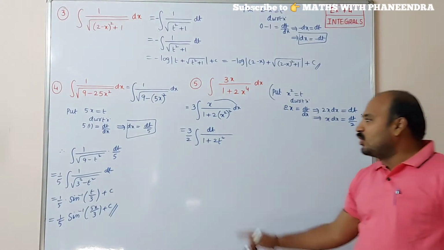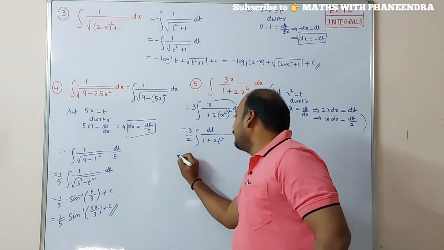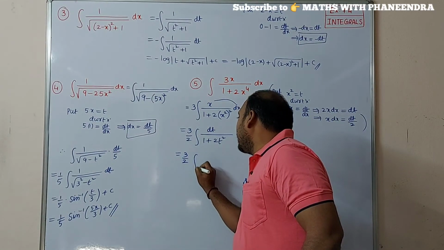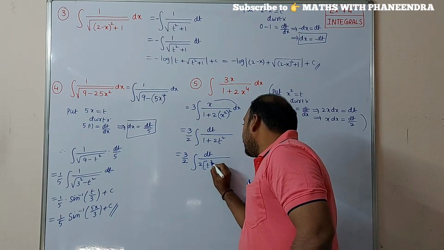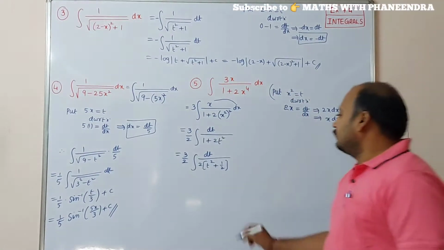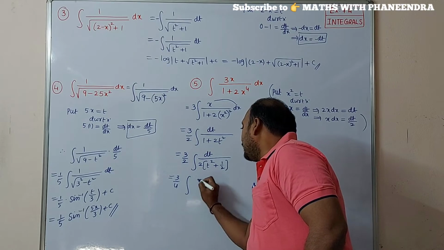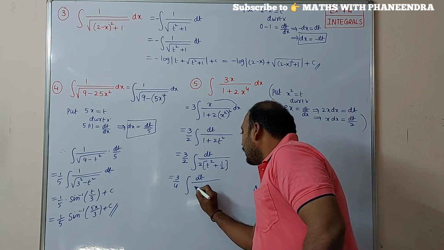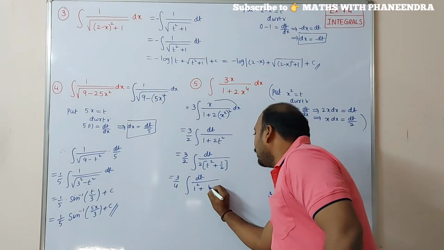So again what we have to do, make that t square coefficient as 1, 2 we can take outside. So 3 by 2 integral dt by 2, I am taking common, so t square plus 1 by 2. 2 we can take out, 3 by 4 integral dt by t square plus 1 by 2, which can be written as 1 by root 2 whole square.